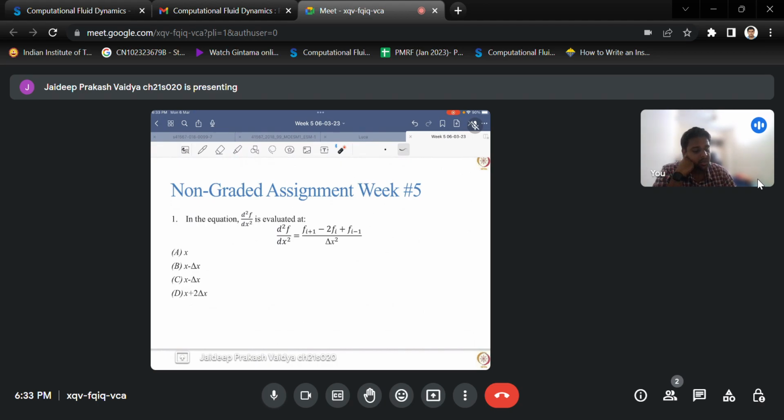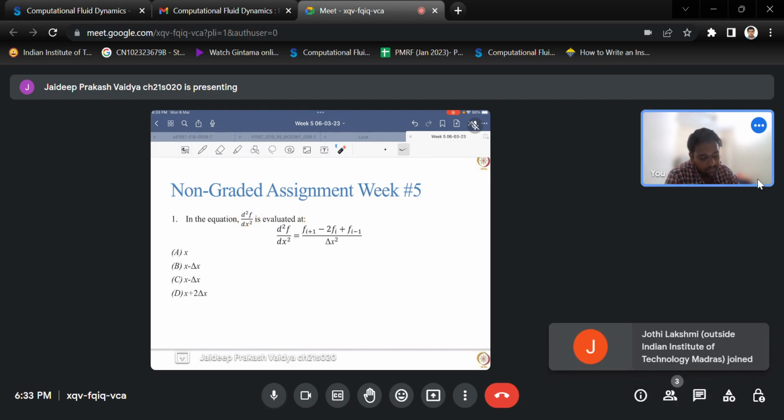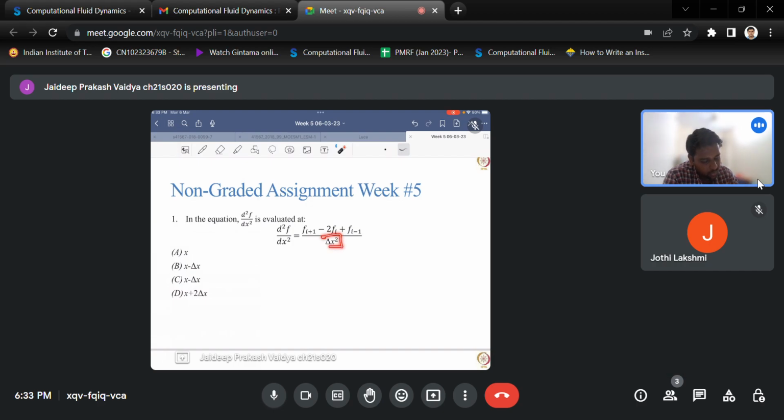Moving on to the non-graded assignments for week number 5. In this equation, d²f/dx² is evaluated at question mark. d²f/dx² is given by (f(i+1) minus 2f(i) plus f(i-1)) by delta x squared. Therefore, we know that this is discretized at the point x.